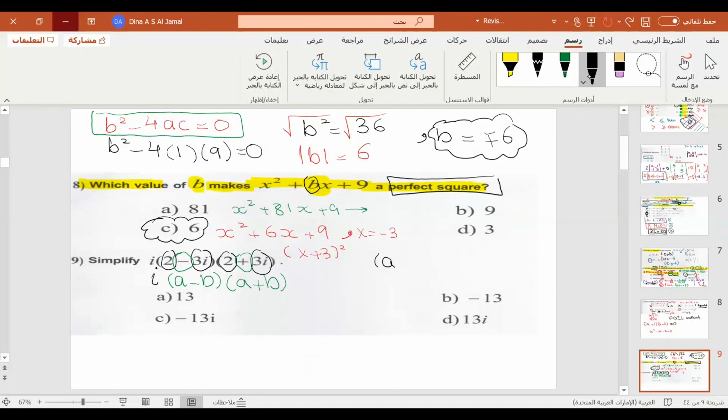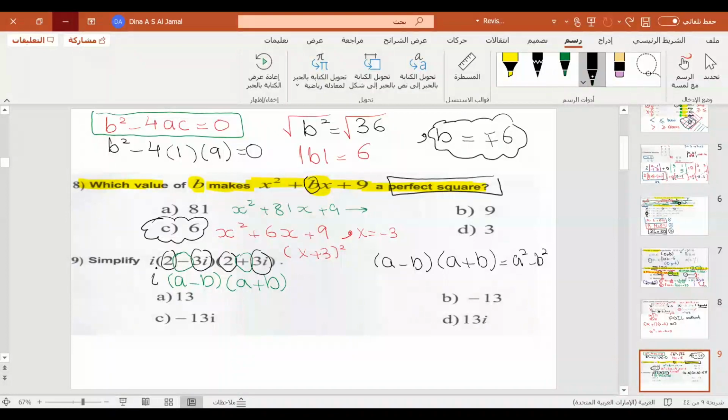So A minus B, A plus B is all about A squared minus B squared. And remember, it is different than A minus B all squared. Okay?